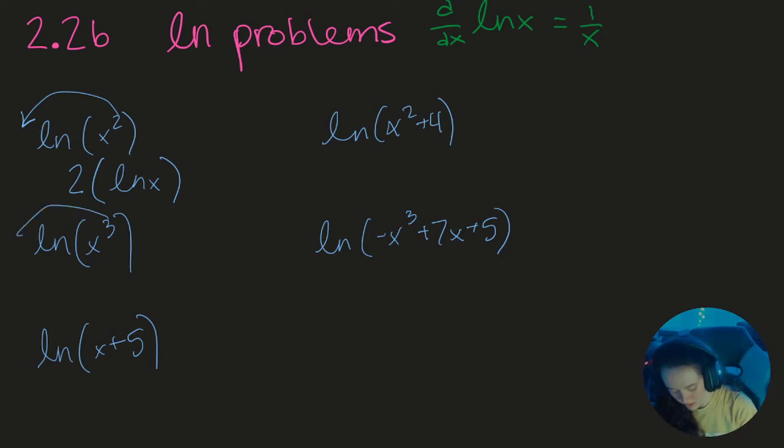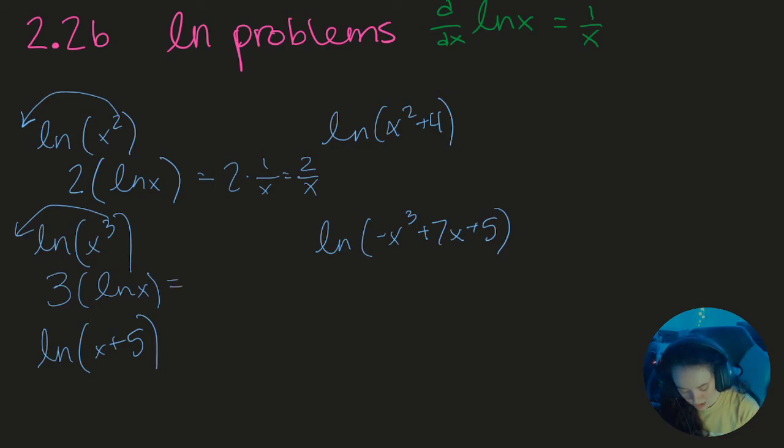Same thing for this one. This one would be 3 ln x, which these then equal out into 2 times, remember I said ln x is just 1 over x, and so then you'd have 2 over x. Same thing for this.